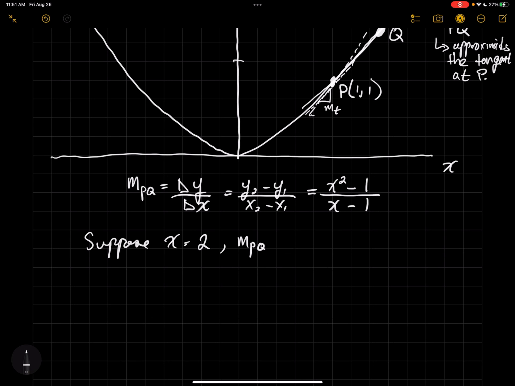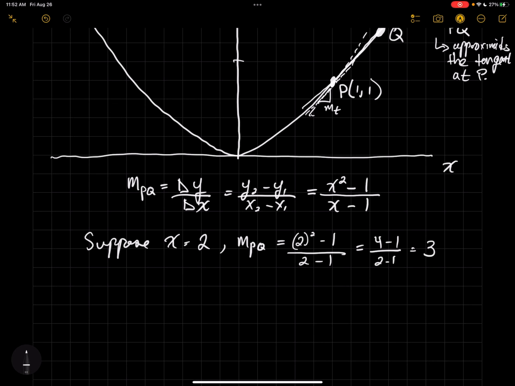I plug my 2 into my equation, so this ends up being 2 squared minus 1 divided by 2 minus 1. And so this is 4 minus 1 divided by 2 minus 1, which is obviously just 3.